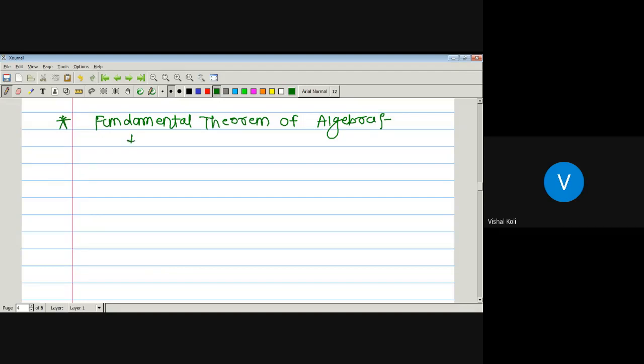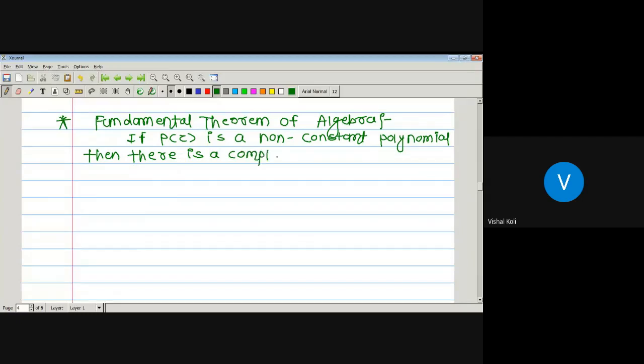If P of z is a non-constant polynomial, then there is a complex number a such that P of a is equal to 0.